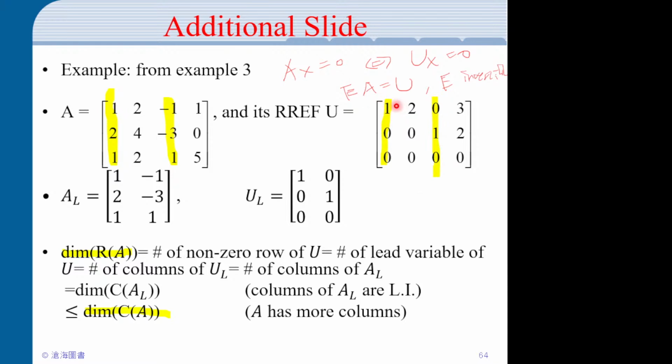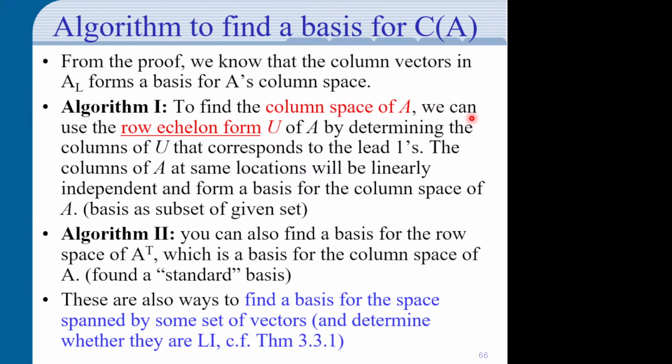You have these 1 and 0 here, and this 0 and 1 here, so they are kind of standard, although they are not totally standard basis vectors, because you have those free variables. Okay, so you have two different ways to find the basis out of a given set of vectors, and this also answers a problem that we want to solve in chapter 3.3.